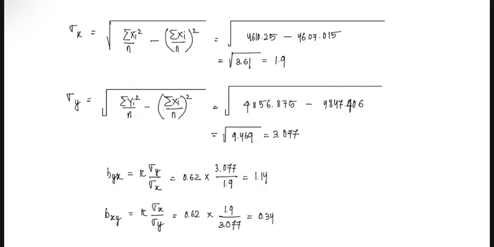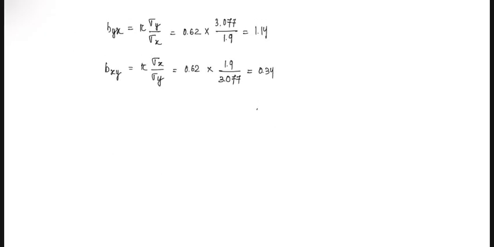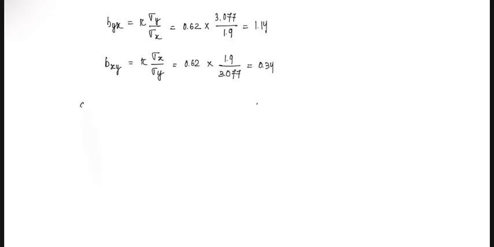So accordingly, the equations of the line. The equation of the line y on x is y minus y bar equal to byx times x minus x bar.